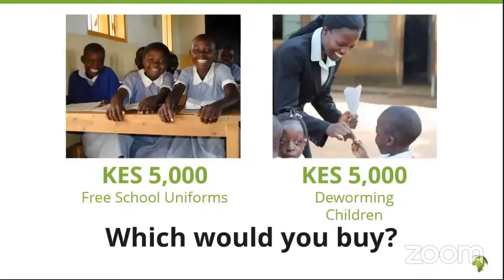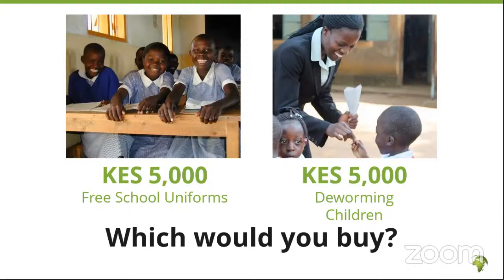One thing to ponder, if you look at the slide on your screen right now, as we go into the next session: we have a case where a donor gives you 5,000 Kenya shillings to buy school uniforms for children in a particular school.